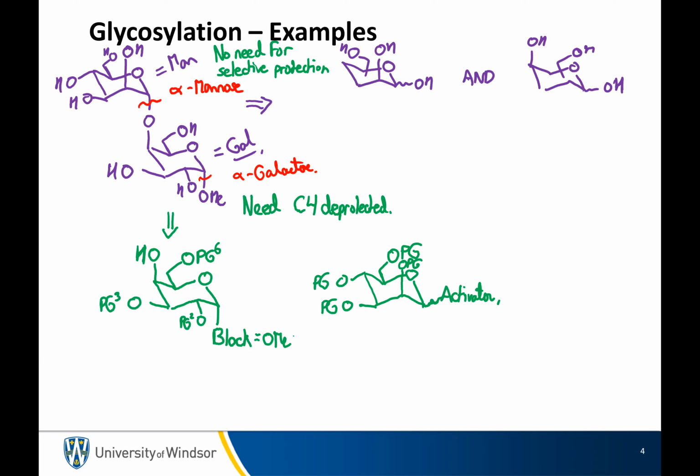Is it going to be easier on us if the blocking group is methoxy before I make any glycosidic bonds, or should I try and install the methoxy group after making the bonds?